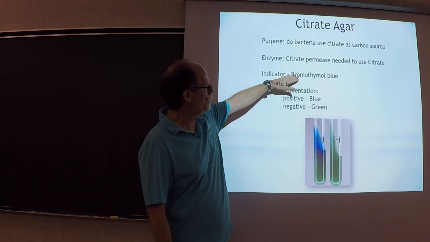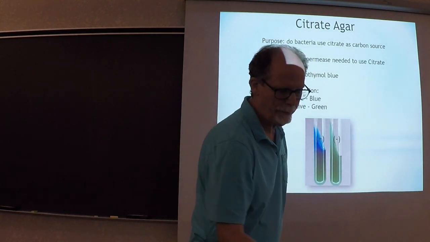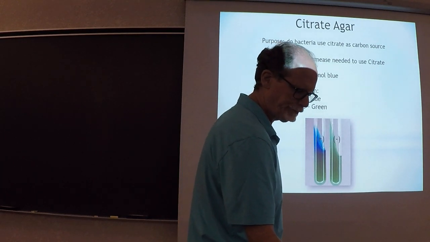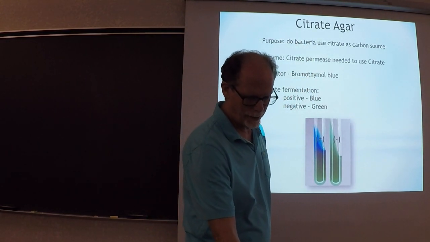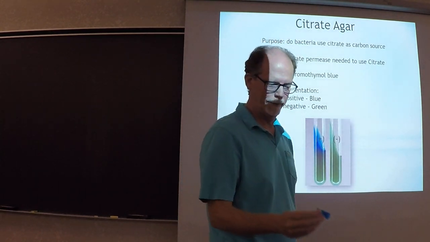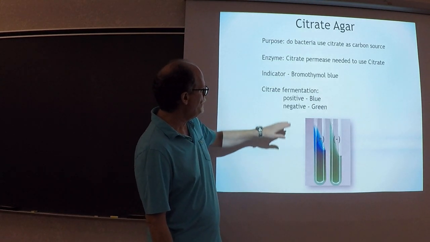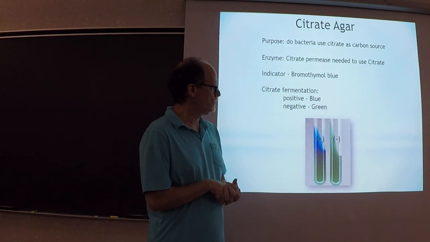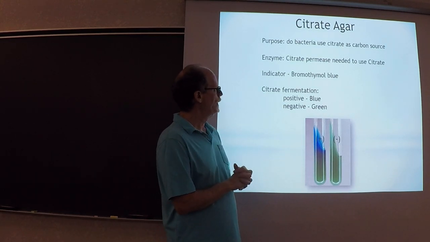The indicator bromthymol blue appears green before the bacteria grow. If they grow on this media, then you get a blue color. It's almost like the color of this cap. Really nice blue. That means citrate was utilized. They're positive for this test. So this is really straightforward.